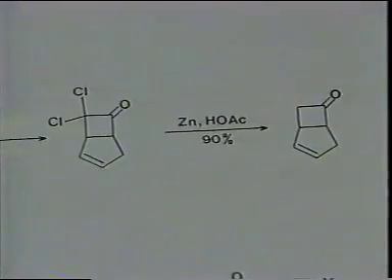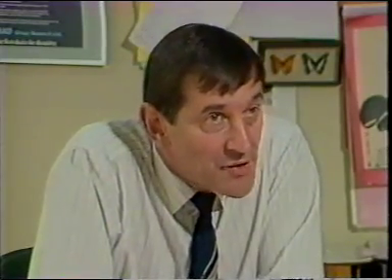Now, clearly one of the problems in making a prostaglandin is that you have 4 asymmetric centers, so your regio and stereochemical control in the synthesis is absolutely paramount.